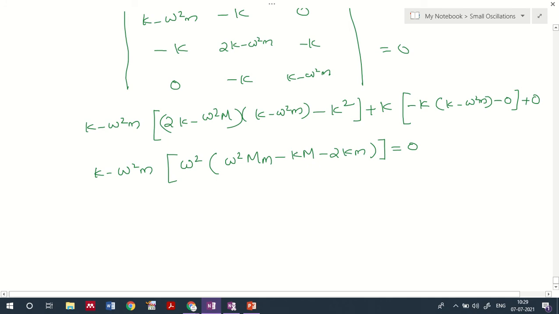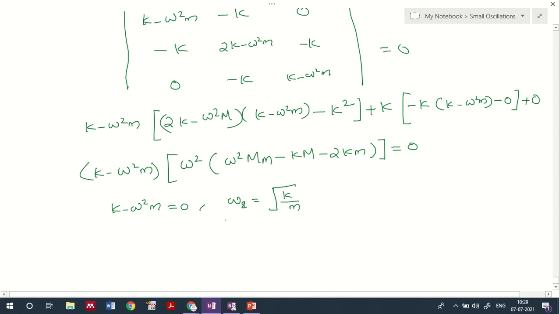What I want to share is that if you are getting an equation like this, there will be three solutions of this equation, which you can find here. When you equate the first factor, k minus omega square m equal to 0, correspondingly omega, which we take as omega 2, equals root k by m.